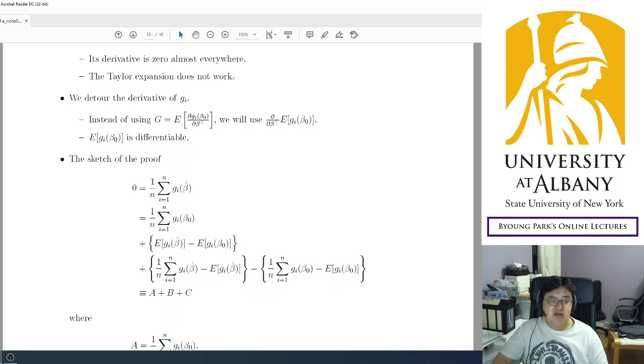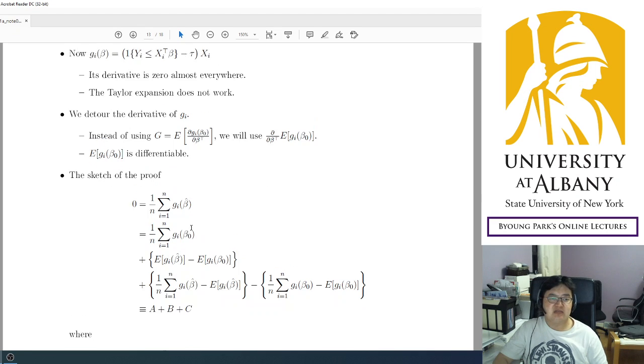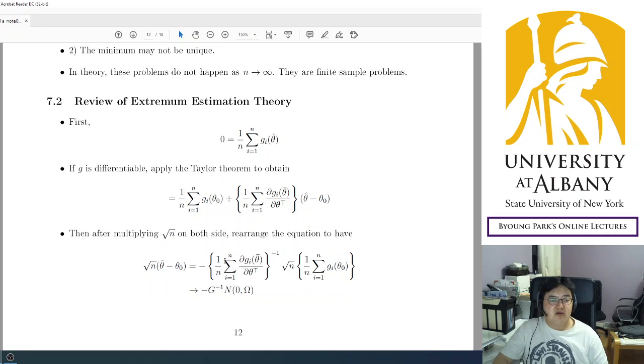G beta hat summation equals to 0. And we decompose this guy into several parts. First, replace beta hat with beta 0. So this will be cancelled out by this guy, and this will come into this part, and this is playing the same role as this guy, right?